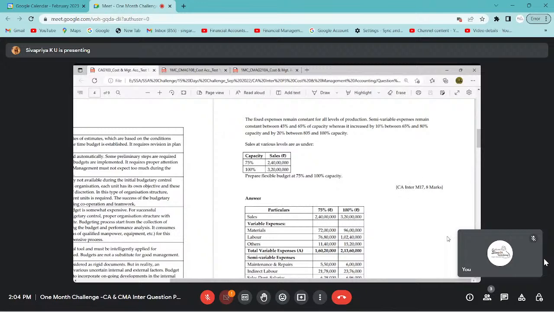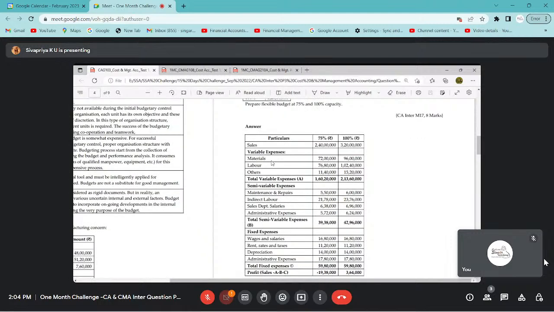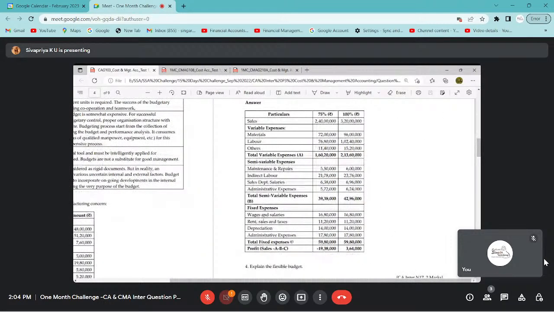Variable expenses specifically mentioned are material, labor and others. Fixed expenses mentioned are wages and salaries, rents, depreciation and administrative expenses.